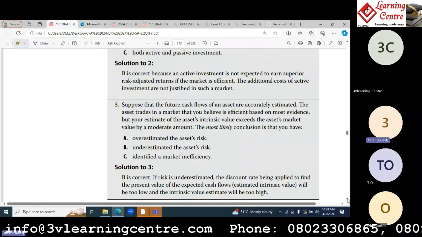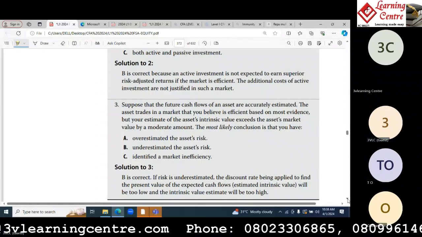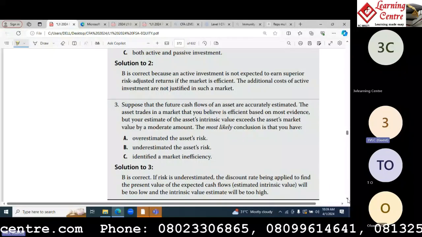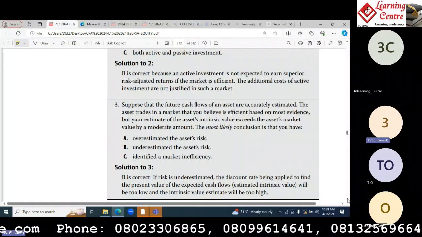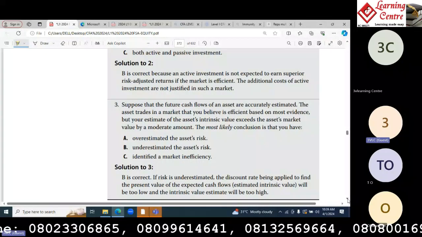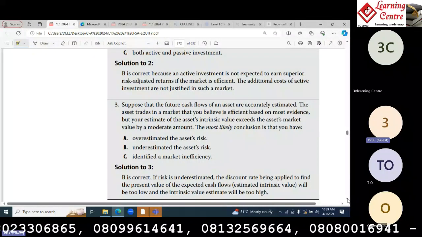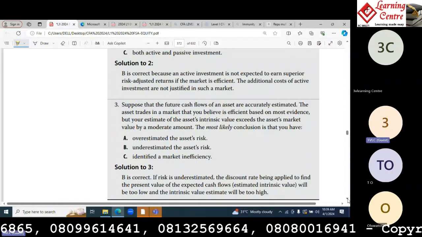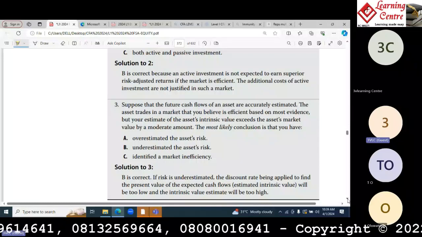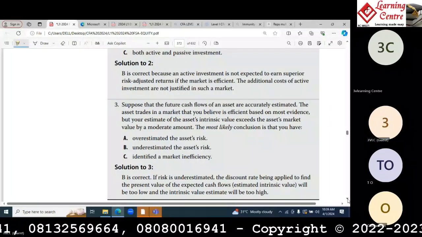Another way to look at it is the present value computation. If you are looking at your future cash flows and you are trying to discount them to the present, the discount factor carries your perceived risk.